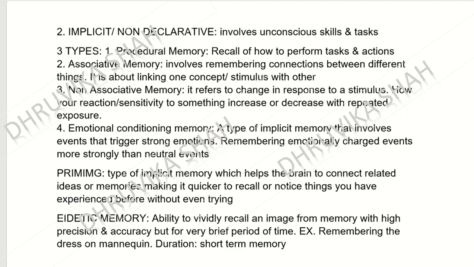When you see this dress on a mannequin, it gets stored into the short term memory, because you don't keep looking at it for more than 30 seconds. However, later, when you go home, you're able to remember it with accuracy: the color of the embroidery, the design, the pattern, there were 10 sequences on the top. That is all eidetic memory.